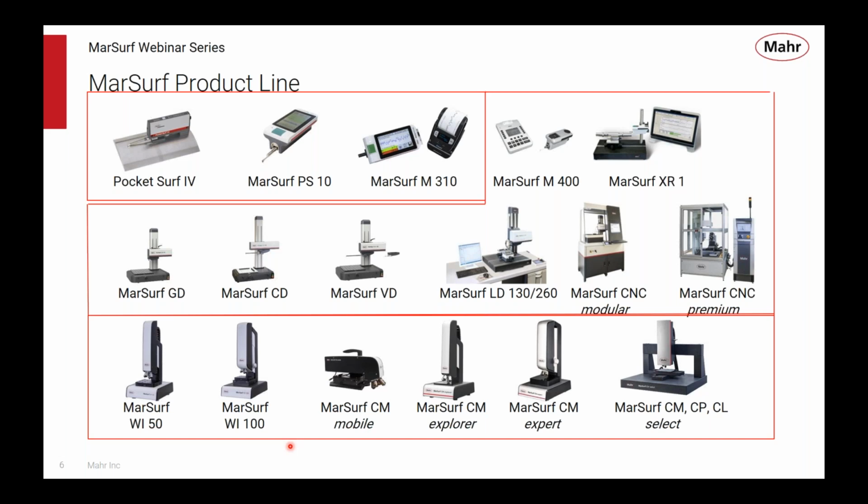We're going to talk about what those words mean, but still typical diamond stylus-based types of instruments. And then across the bottom, you see the optical methods, the optical instruments using interferometry or microscopy to measure surfaces. And so we make quite a wide variety of product that covers all of those different areas.